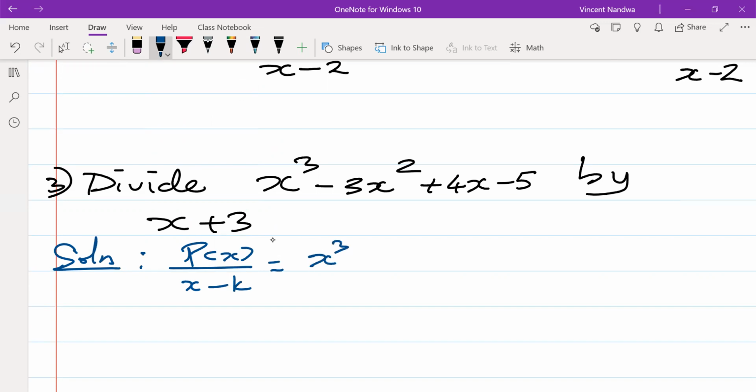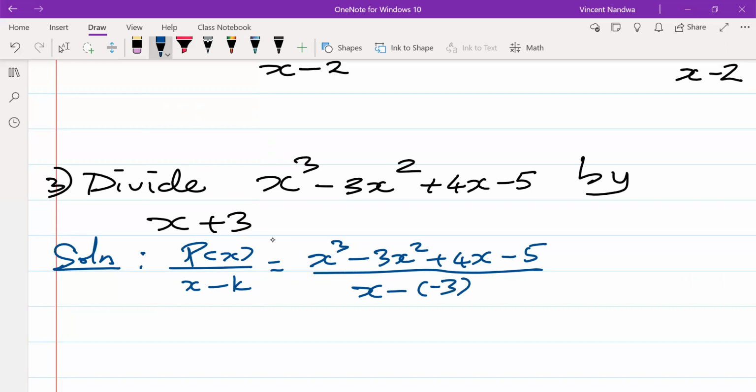So we have x power 3 minus 3x squared plus 4x minus 5. How can we write x plus 3 as x minus a number? Minus 3, okay? So which means k is negative 3. And the polynomial is actually in the correct form, such that all the coefficients are taken care of.